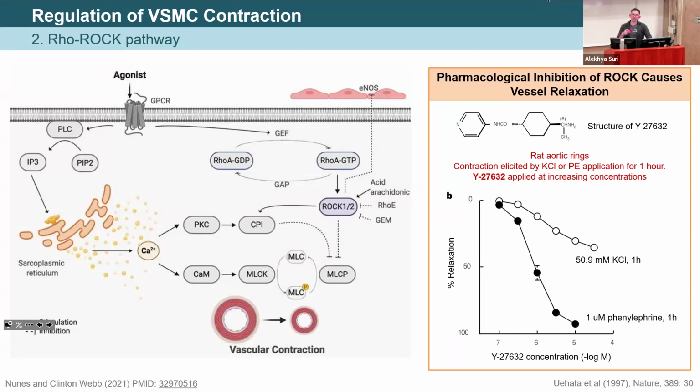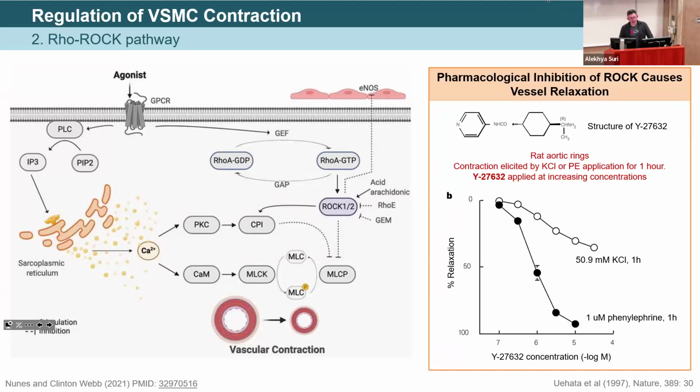So in order to measure relaxation, you had to pre-contract the muscle, right? And they did this in two ways. They pre-contracted the muscle by bathing it in a solution of potassium chloride, right? This is a really, really high concentration of potassium chloride, which causes the full depolarization of the cell, opening of these voltage-gated calcium channels, and therefore these cells are basically full of calcium all the time, right?